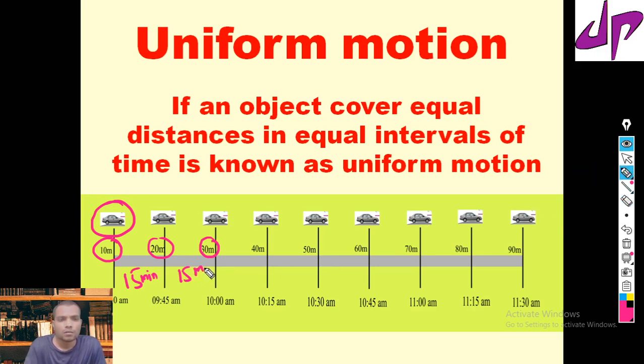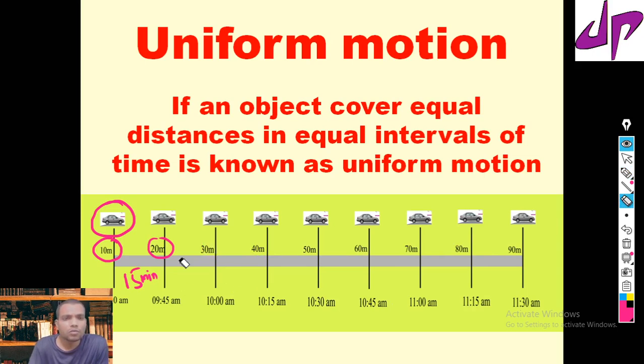Similarly 30 to 40, so again 15 minutes. So like that, you can see the distance interval is the same and the time interval is also the same. So in that case, we can say the car is moving in uniform motion.